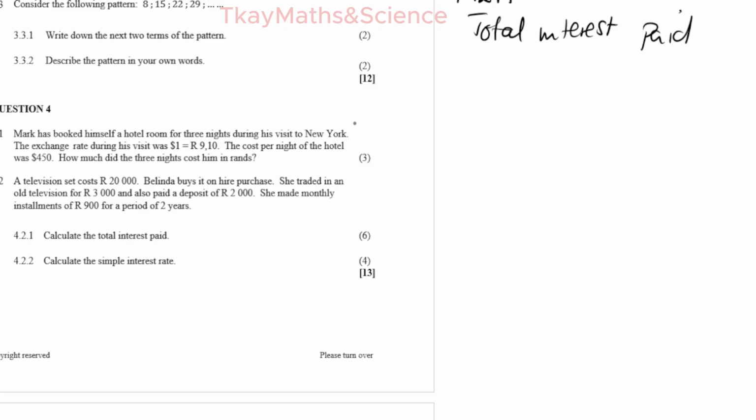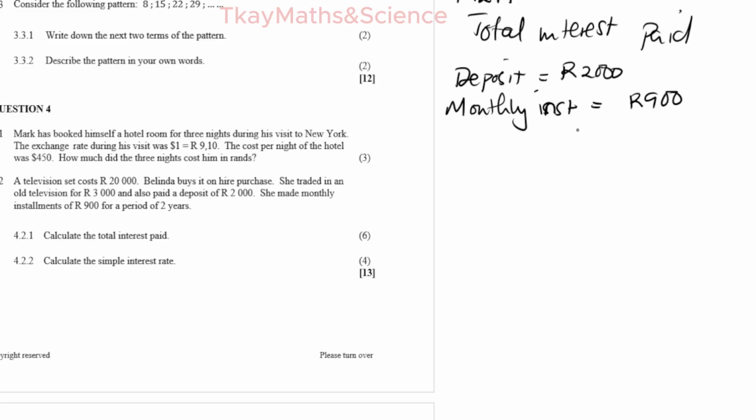So we have what? She made monthly installments of 900 rand for 2 years, right? Let's start with this one. We just write what we have here. So the deposit is equal to 2,000 rand, and then we got monthly installments of 900 rands.